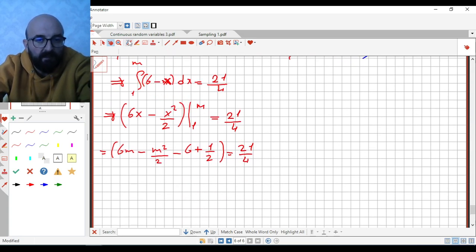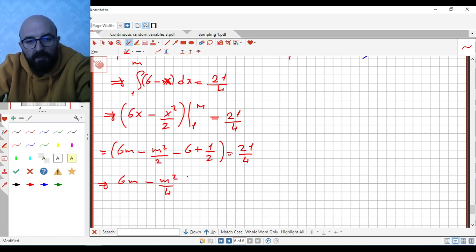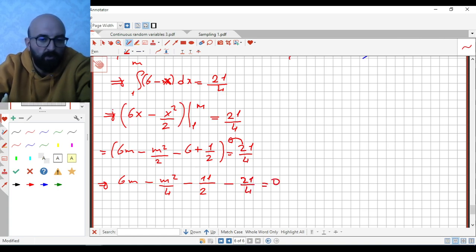This becomes 6m minus m square over 2 minus 11 over 2, and I want to carry these numbers to the left side of the equal sign, so 21 over 4 becomes 0.